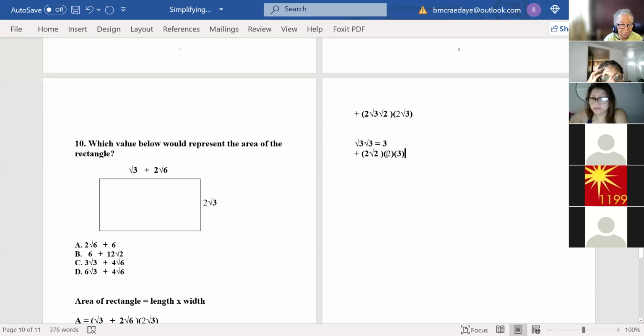Now, what's 3 times 2? That's 6, and 6 times 2? 12. So this would then be, and this is added, I just put the plus in front of it, plus 12 times the square root of 2. The square root of 2 is still here. And I added that to my 6, that I got in that first half of it.